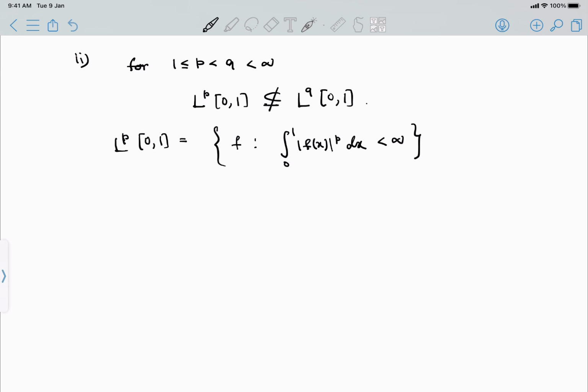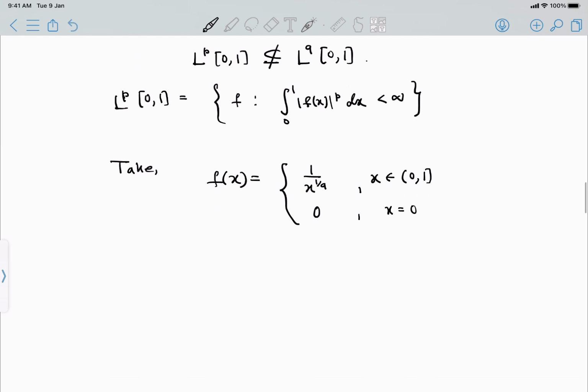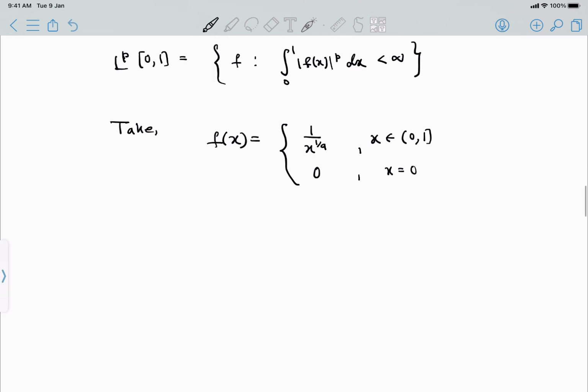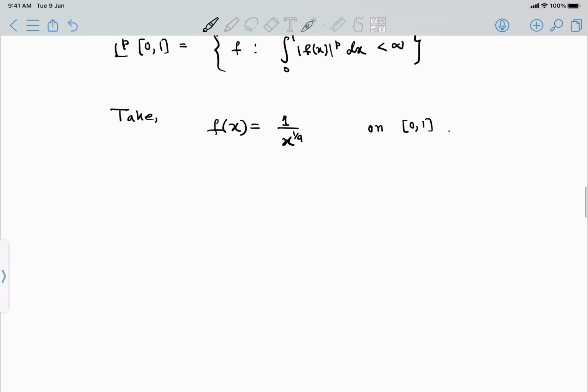These are Lebesgue measurable functions. So let's take f(x) to be 1 by x to the power 1 by q for x in (0,1], and 0 otherwise. We don't need to define it at 0, because Lebesgue measurable functions are defined almost everywhere. So now let's calculate the p-th norm.